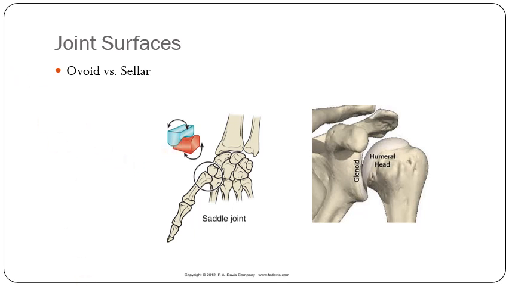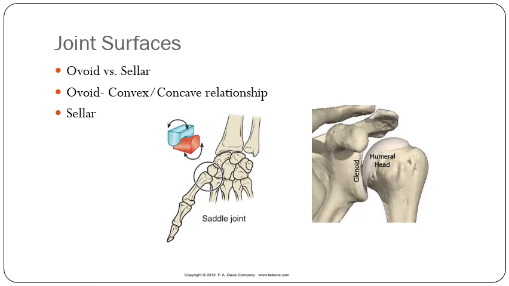Well, when we're managing issues at the joint, depending upon what everyone's going to be doing, you have to understand the convex-concave relationship when you're talking about ovoid joints. We're going to talk about why, because understanding roll and slide is going to be important for those joints. And we've already talked about the sellar or saddle joint.